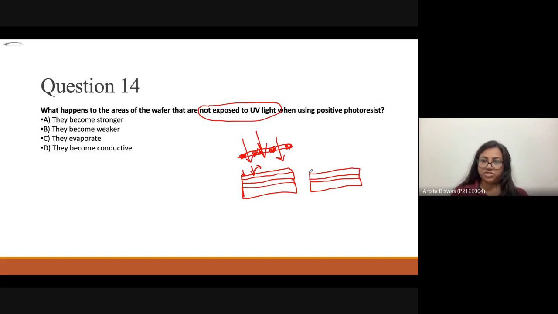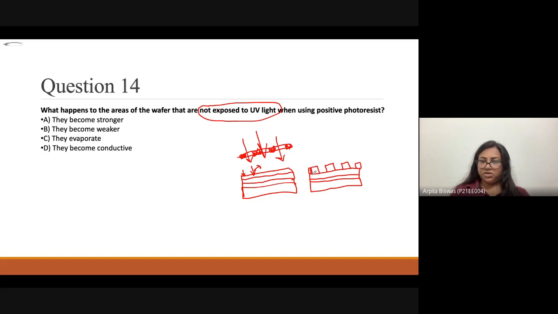This portion is covered, so it is not exposed, so it will remain. The positive photoresist remains, and which is exposed becomes weaker, so this portion will etch out. The next is covered, so it will remain, and the next portion is etched out. This will remain and etch out, and this portion will remain.